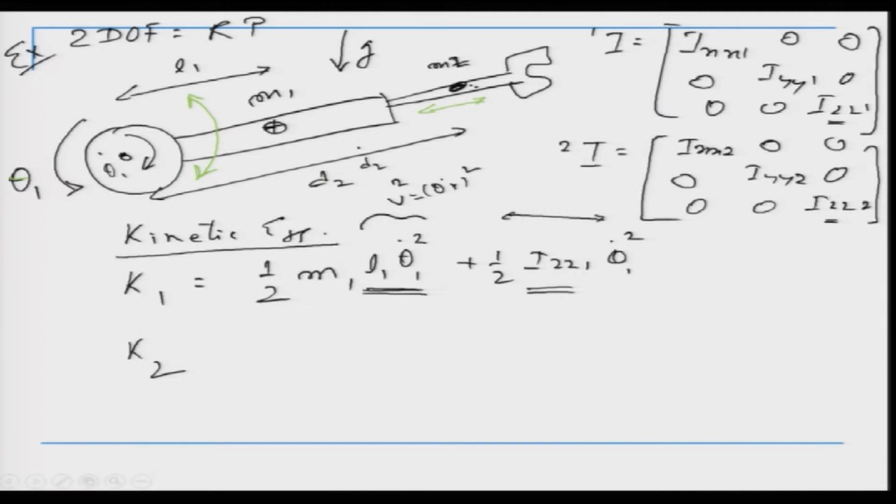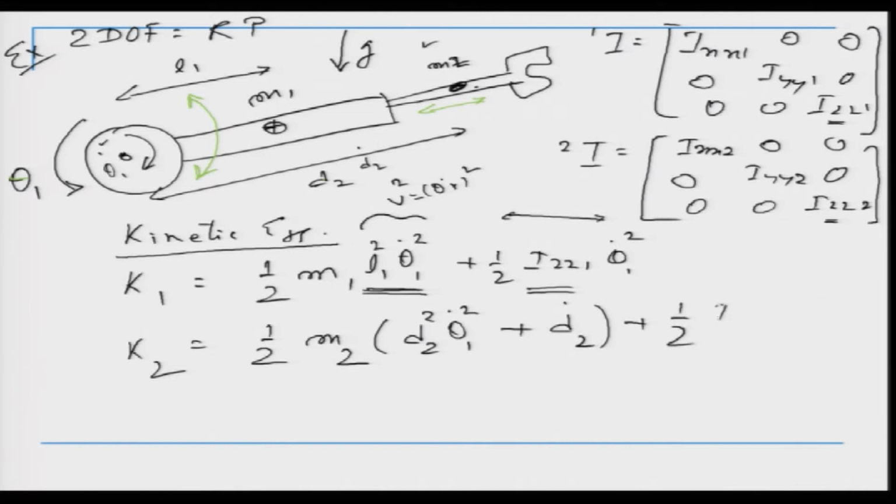So, when we write kinetic energy for the second link, what we are going to write is half m2. So, m2 is getting affected by the theta 1 dot. So, we are going to write this as half m v squared, with d2 squared theta 1 dot squared, plus its own velocity d2 dot, plus half Izz2 theta 1 dot squared.